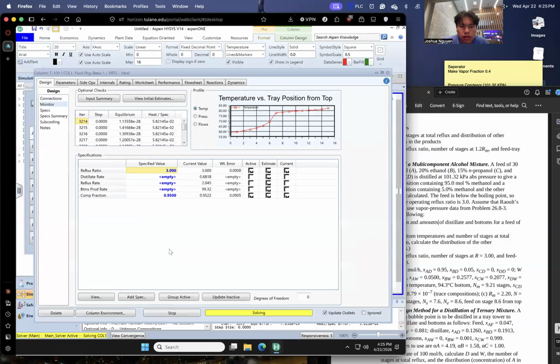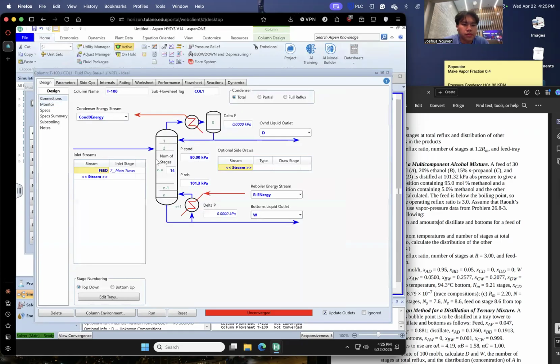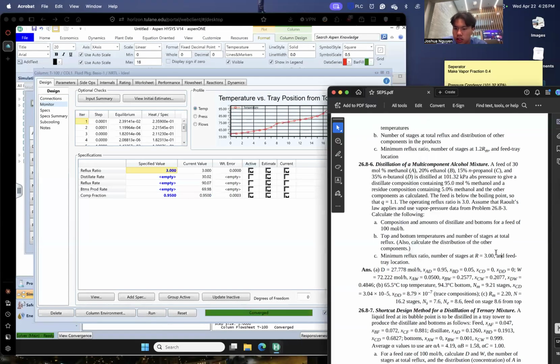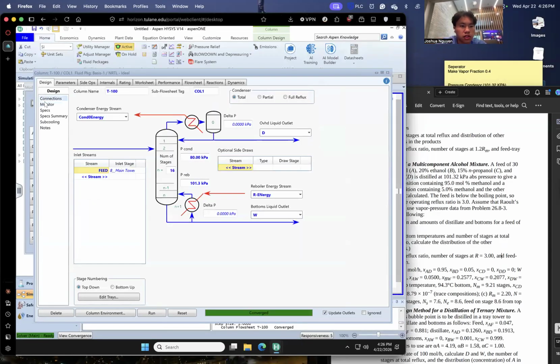Yeah, I think some of our secondary stuff is not being good. Yeah, there we go. So when I set it to 16, which is what I was supposed to find for the minimum number of stages for that problem, looks like it's solved out.